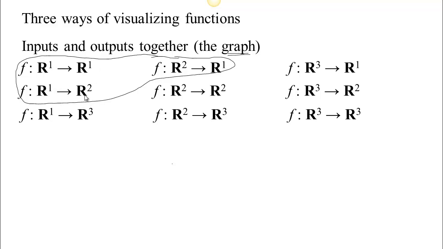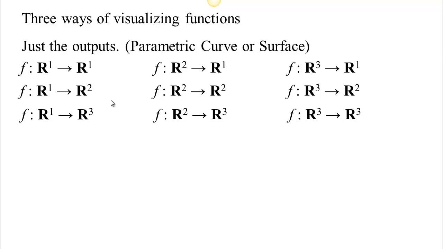So another thing, if you have functions over here that have more inputs, another thing you can do is just visualize the outputs. For example, in each of these cases there are either 2 or 3 outputs and only 1 input. So that means that this would work really well in each of these 3 cases.